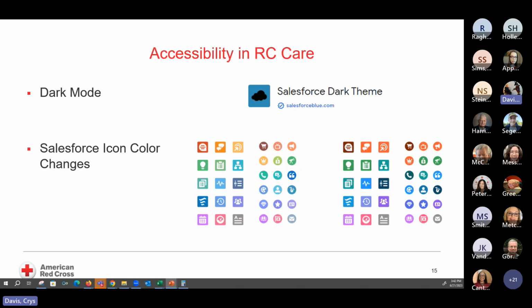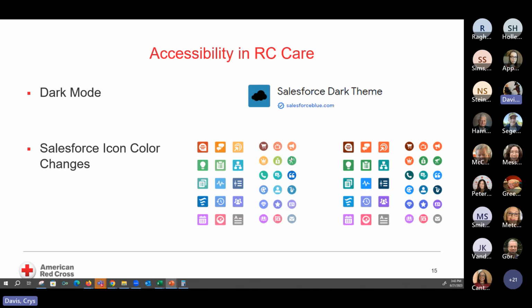One of the other questions that I have gotten quite a bit, on accessibility, I am not a disability integration person, just somebody who can't see color very well who uses the system. I've gotten several questions about using dark mode, and RC Care will not allow many dark mode extensions in browsers.